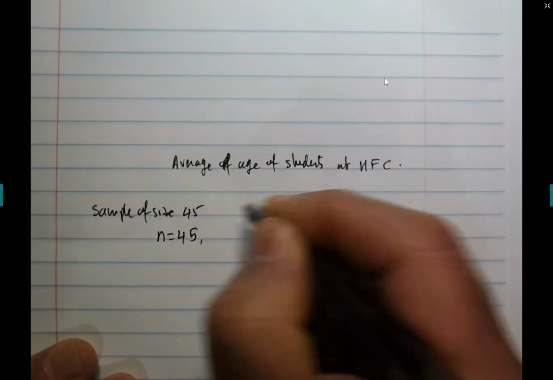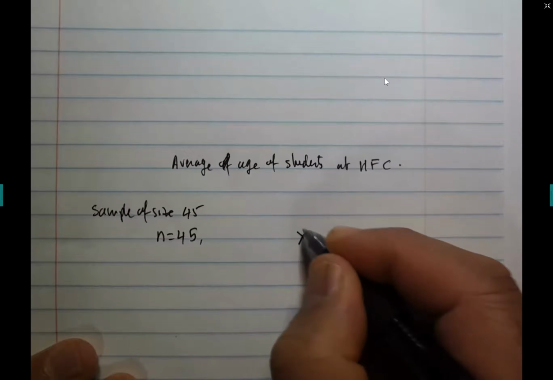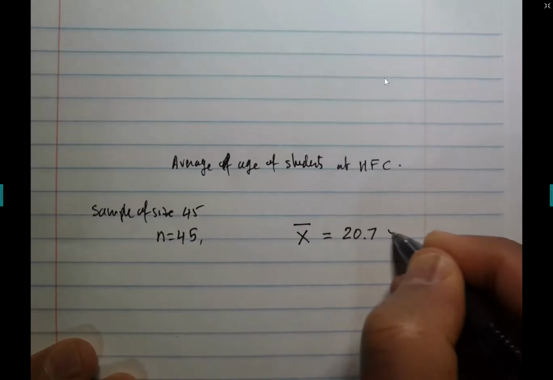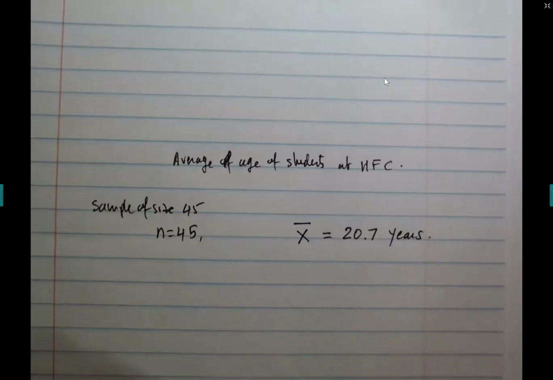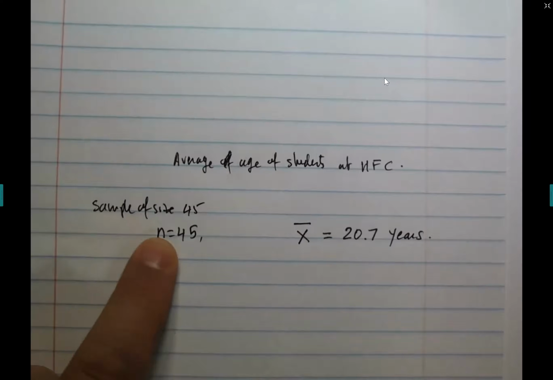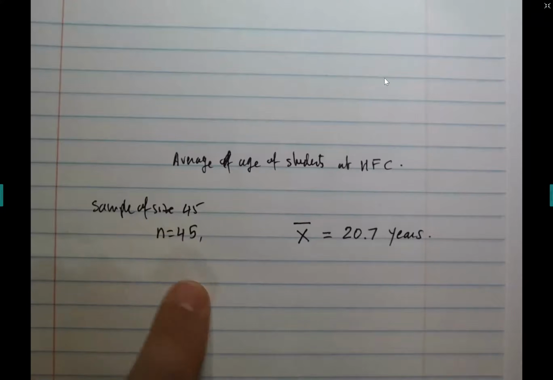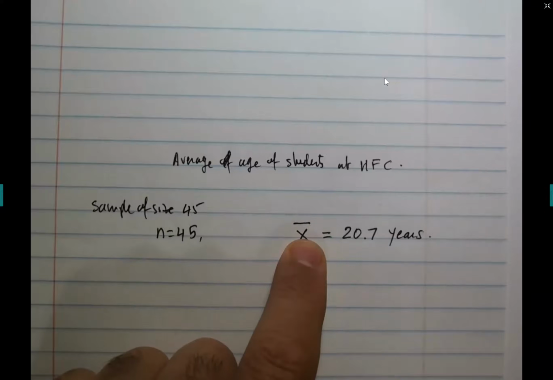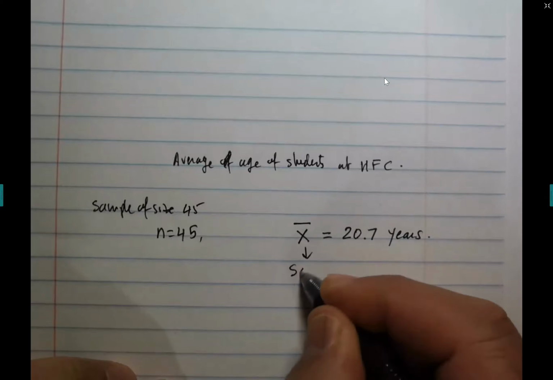We surveyed 45 students and came up with a sample mean of 20.7 years. We asked 45 students how old they are, put all the ages in L1, and found x bar. I use x bar, not mu, guys, because this is a sample. This is called the sample mean.